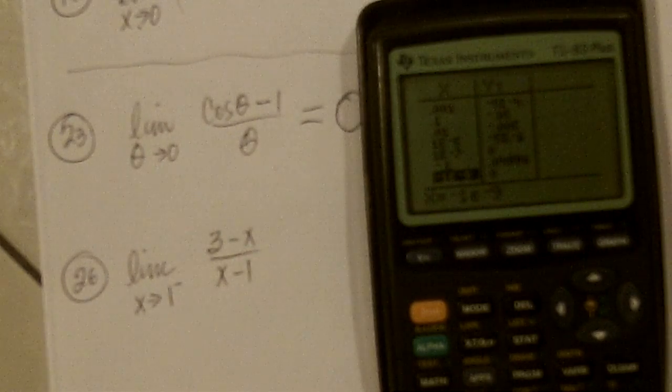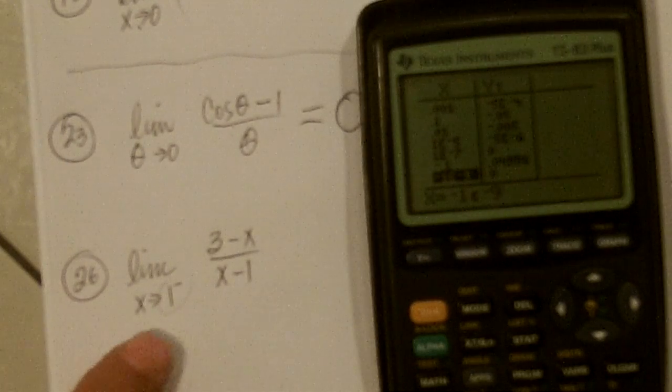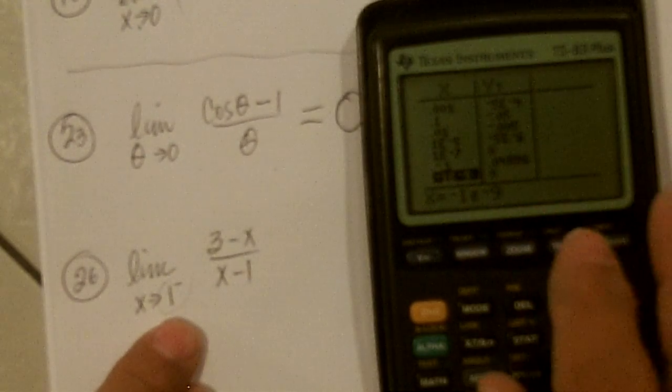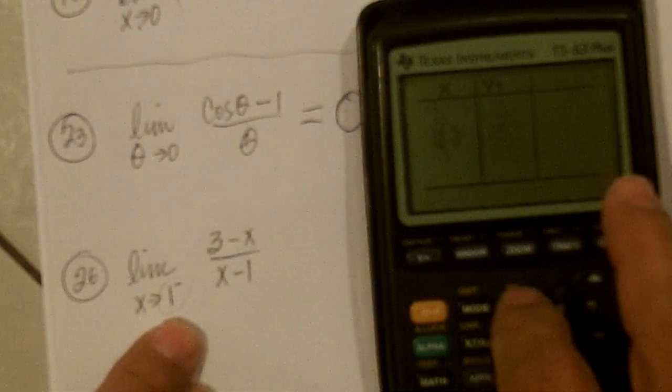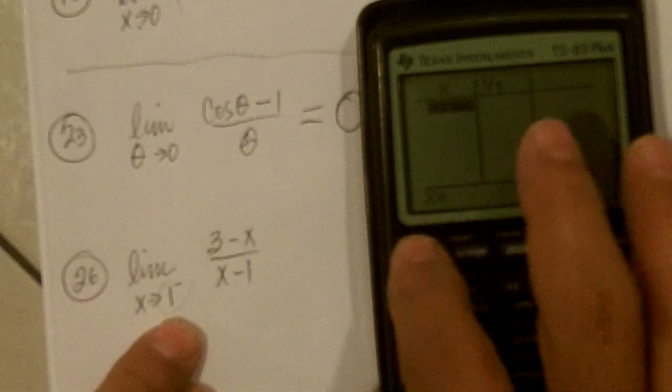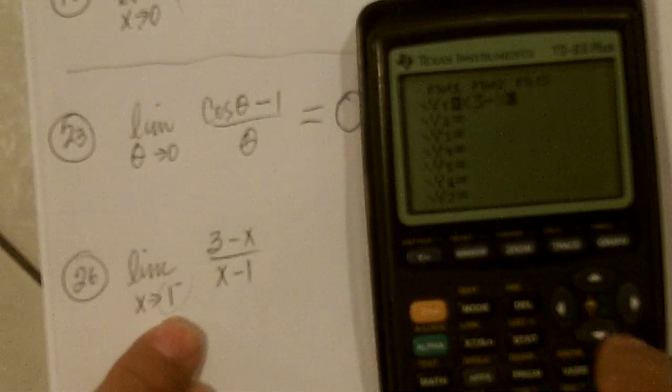We're supposed to do the same idea for this one. But we're supposed to come in only from the negative side of 1. Not to negative 1, but from the negative side of 1. So I'm going to delete all these and put the equation in, which is clear, parenthesis 3 minus x, close parenthesis, divided by, parenthesis x minus 1, close parenthesis.